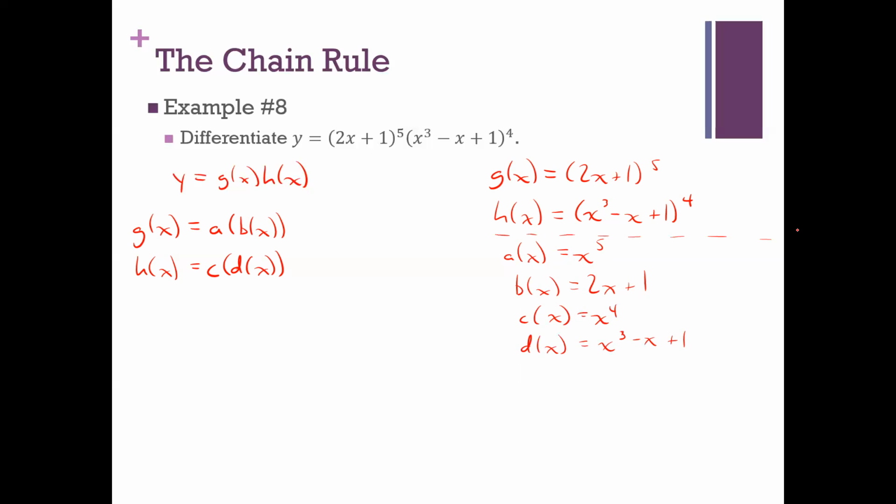Okay, so now we have this thing in 4 functions, right? So y equals g times h, which is the same thing as a of b times c of d. You want to go any further, or can we start doing the derivative now?